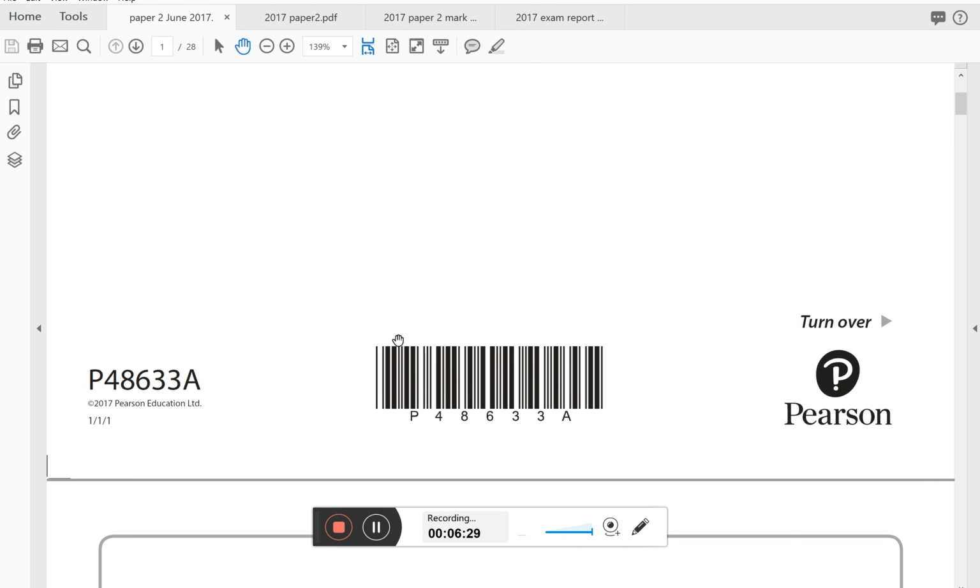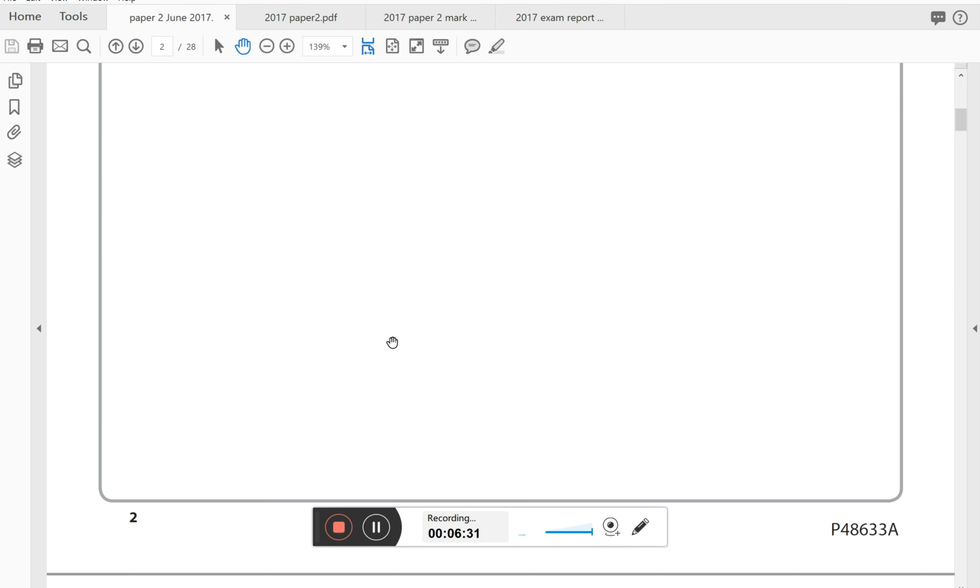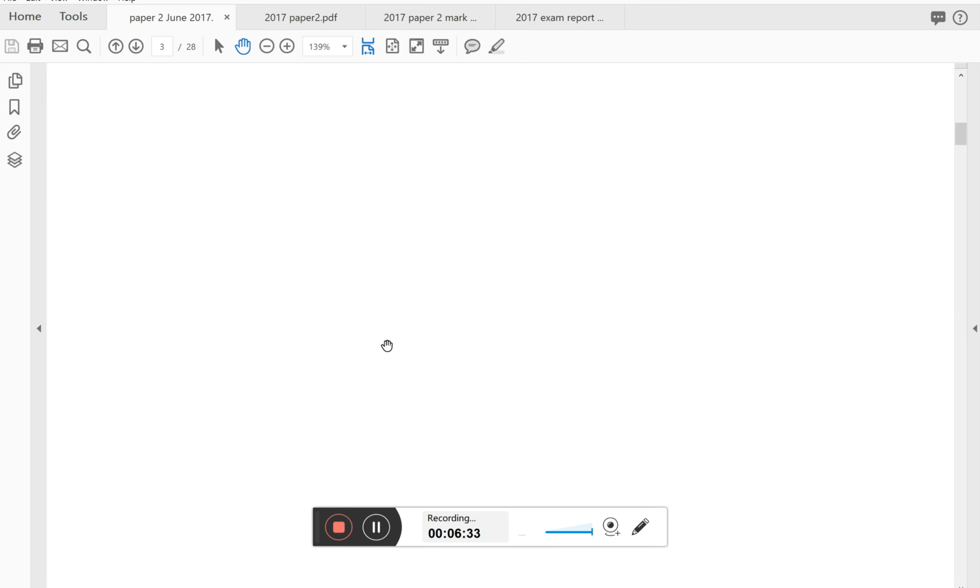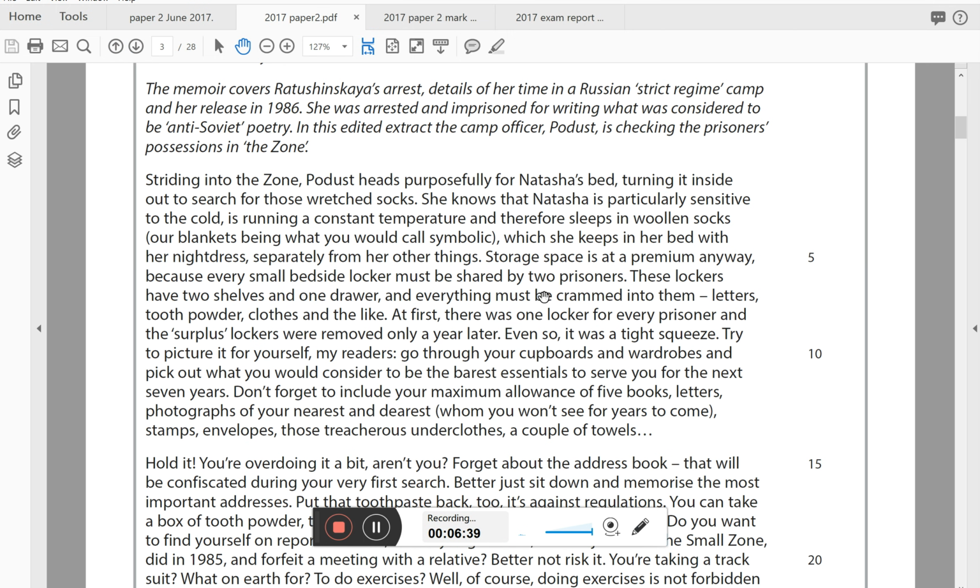So if you've actually got the text in front of you, so I've just copied out the extract here, okay, here we are. So what you'd need to do here is to make sure that you look at the correct line numbers and just mark them out.